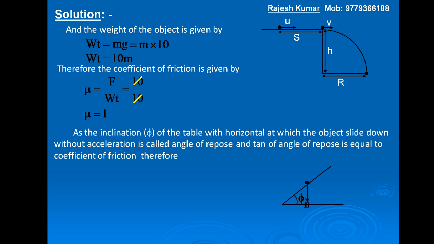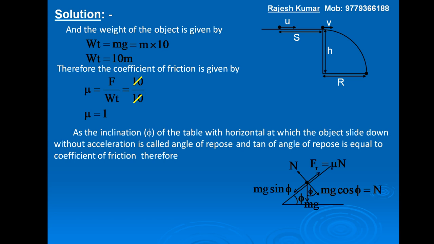Its weight acts downward, and the component of weight normal to the surface is mg cos phi, which is equal to N, the normal reaction, as there is no motion normal to the surface. The other component is mg sin phi, and the force of friction in the upward direction is Fr is equal to mu into N.